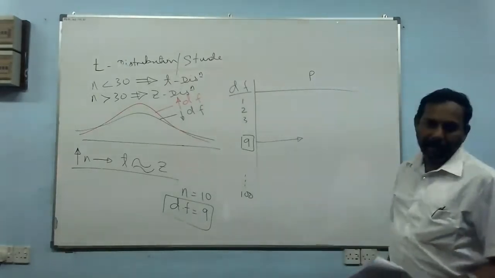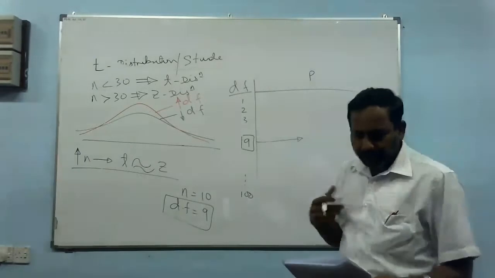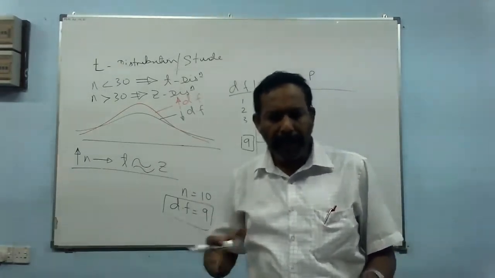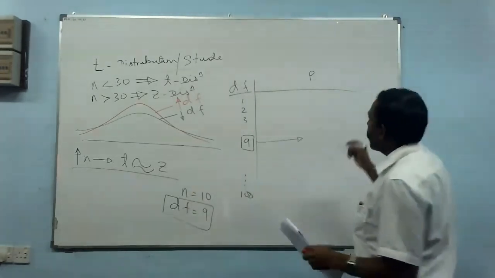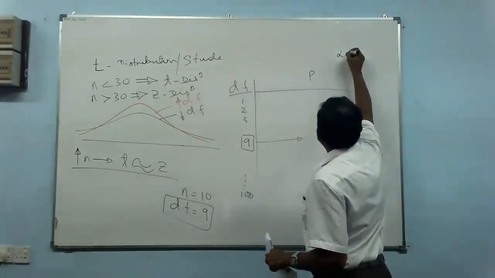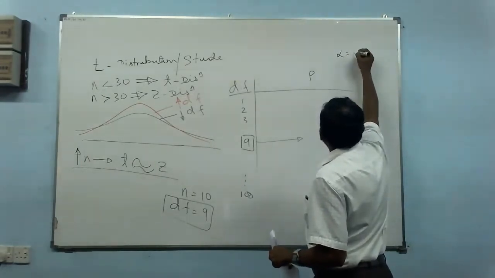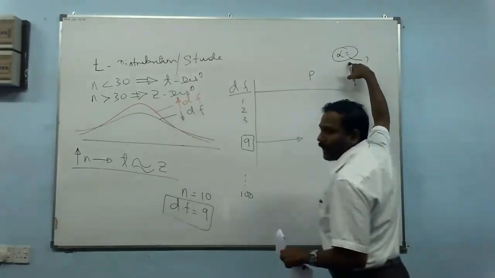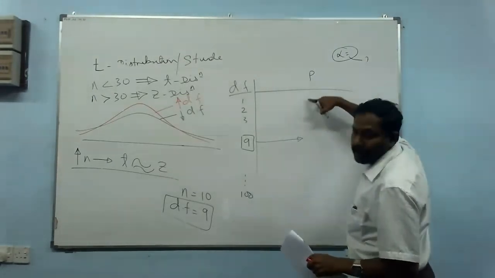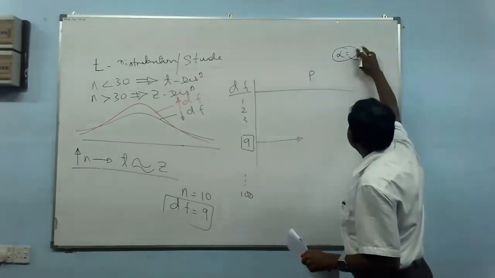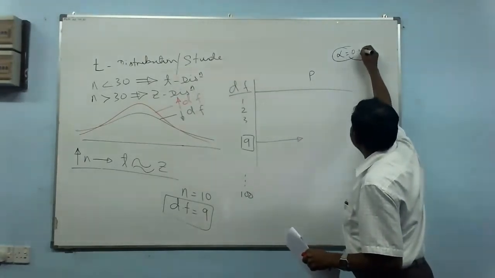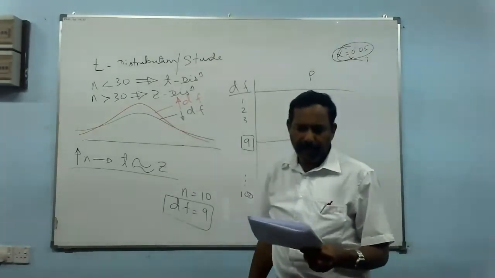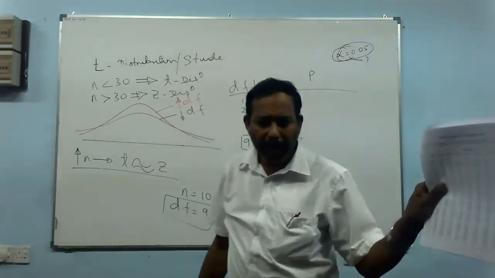Now we have the probability. Probability means chance of occurrence. Next week we will talk about the probability. We have a probability of alpha. So we'll have to decide what this alpha is. Based on this alpha, we look at the probability, p value. Suppose my alpha value is 0.05, so you have the probability, p value.